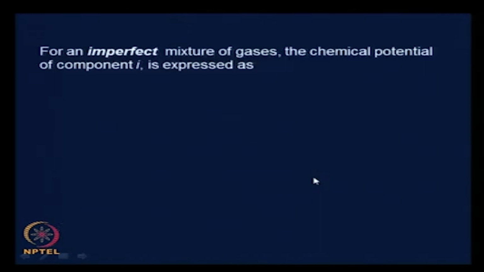For an imperfect mixture of gases, the chemical potential of a component i in the mixture is expressed as mu_i equals mu_i naught plus RT ln of a certain f_i hat, the fugacity of the component i in solution.